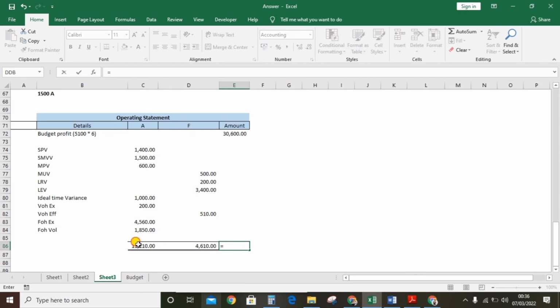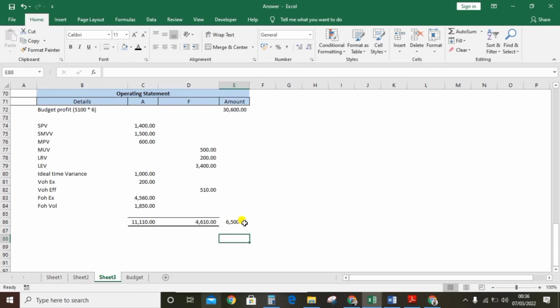So we need to deduct 6,500 from the profit. 30,600 minus 6,500, so 24,100 is the actual profit for actual sales.